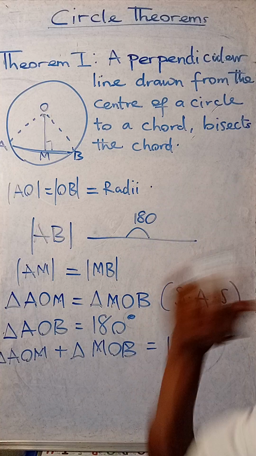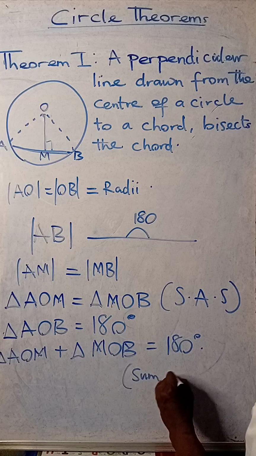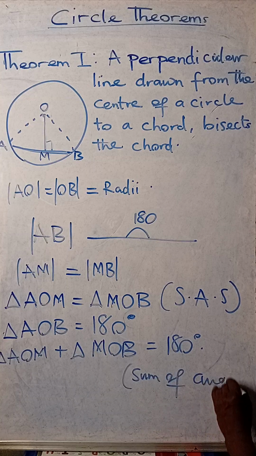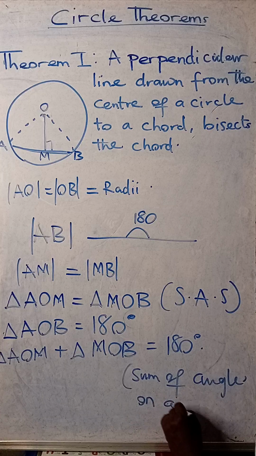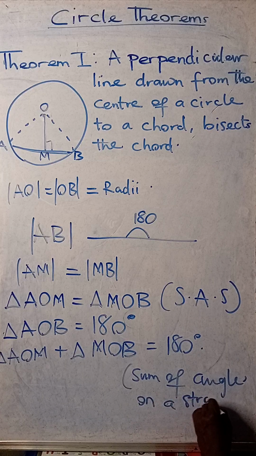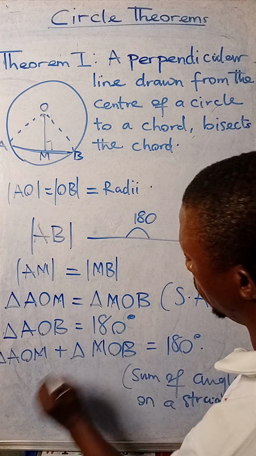So we'll look at this. That is, this gives us the sum of angles on a straight line. So we have this, that is true.